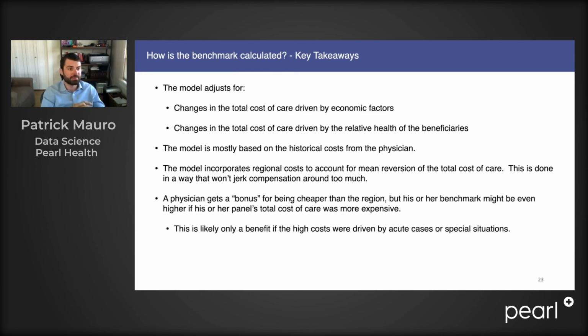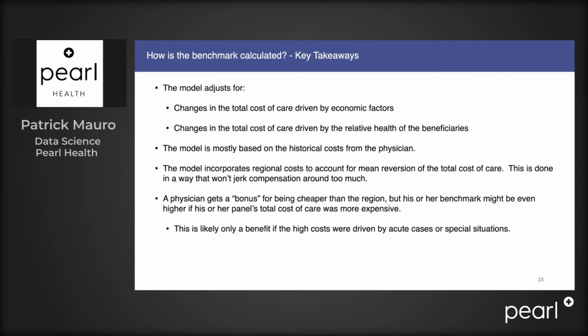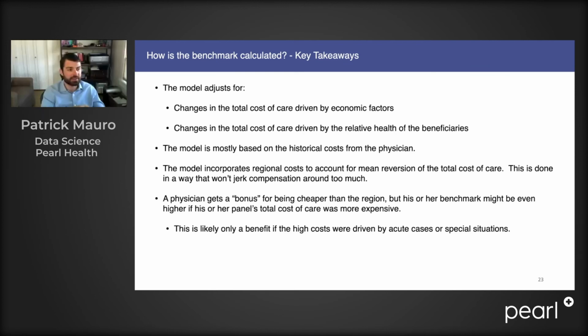But there might be circumstances where you have an extremely high total cost of care in the benchmark because a bunch of your panel was sick at the same time for the same reasons, had a bunch of acute cases, in which case direct contracting still might work for you if you really believe that those acute drivers are going to go away.